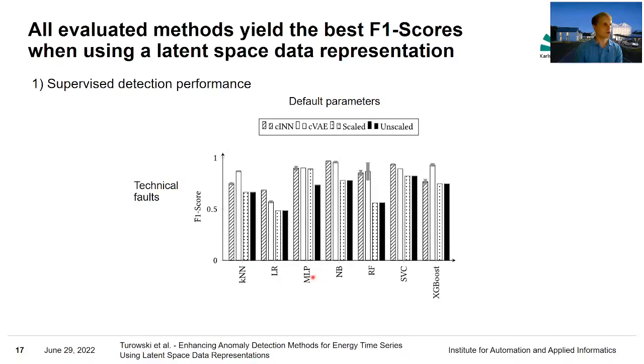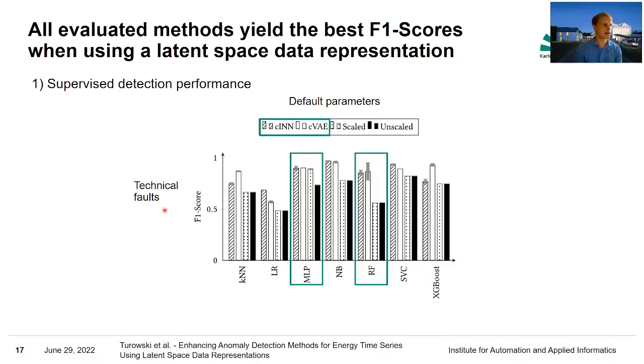And what we observe is that the CINN and the CVAE data representations all perform pretty well, and to be precise, they actually perform better. The average improvement in the F1 score is 21%, but it ranges from 1% for the MLP to 52% for the random forest. This only considers anomalies from the group of technical faults.